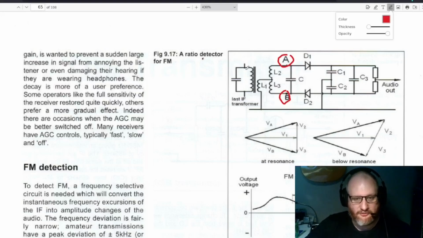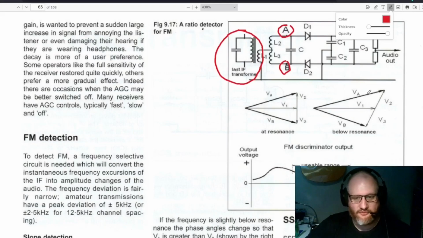As the frequency goes up, it's going to cause this tuned circuit to come out of resonance, and effectively the phase angles of the signals that develop at A and B become out of sync, and you end up with a different voltage between A and B. Normally, when the carrier is right in the middle, they're the same. As the signal deviates, they will change.